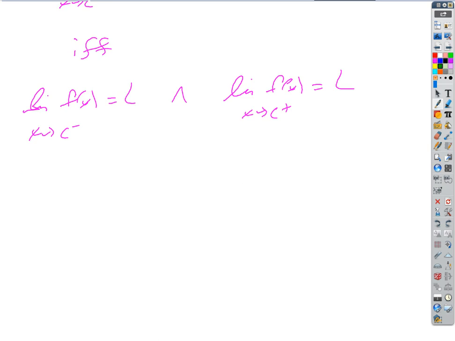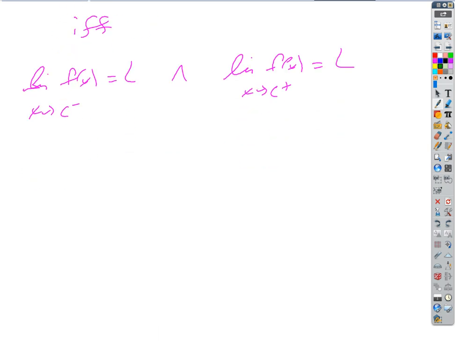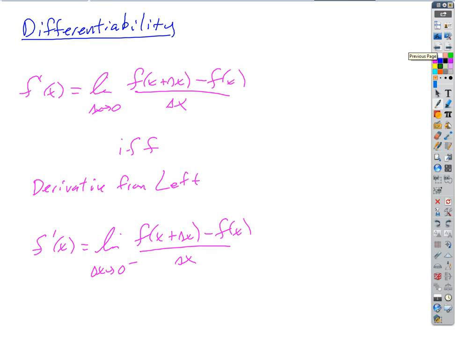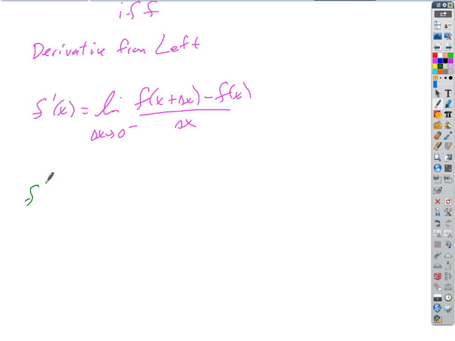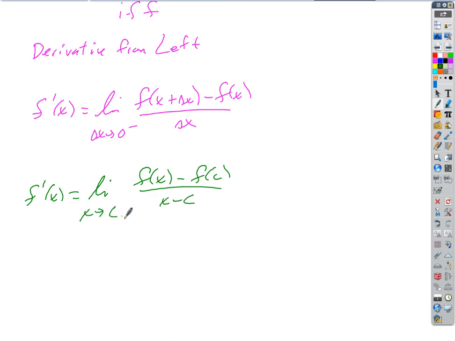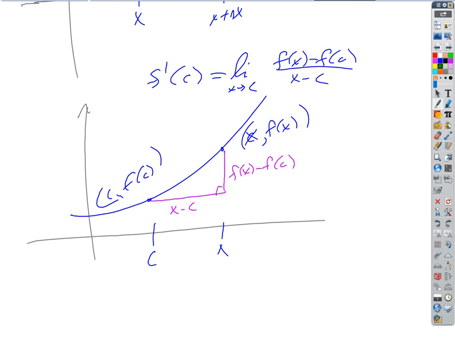So we could do it that way, or if we wanted to, we could write it in terms of x's and c's. That's where I could also say f prime of c equals the limit of f of x minus f of c over x minus c as x approaches c from the left, right? And that would just mean that in our picture over here, we would have just had x approaching from this side. So x would have been over there instead. Big deal, right? We're still just creating a secant line, okay?